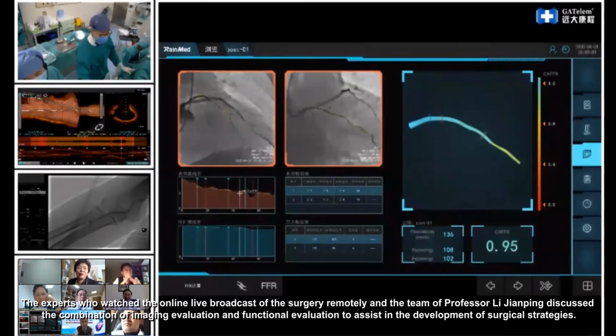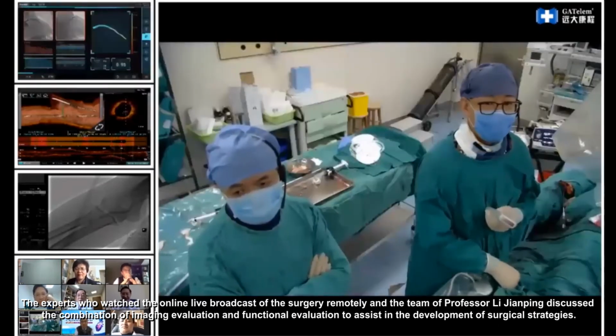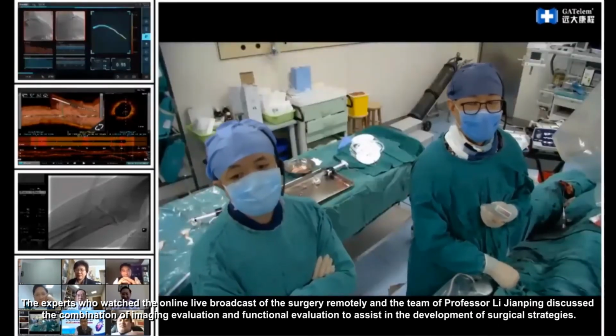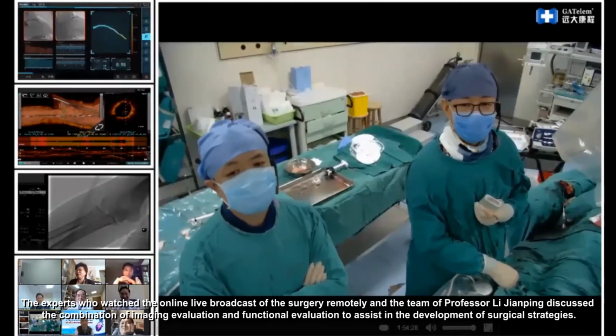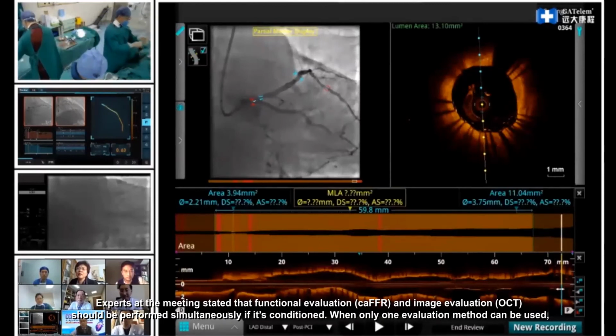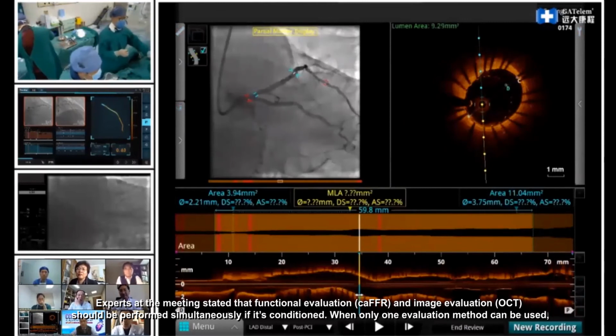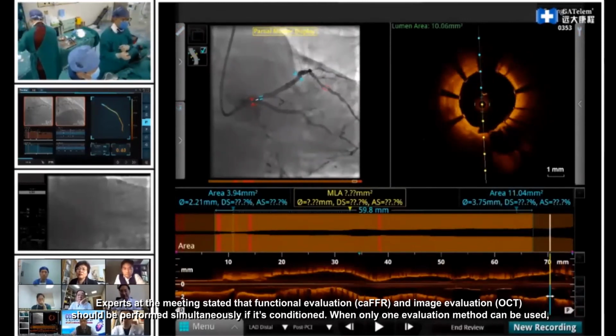The experts who watched the online live broadcast of the surgery remotely and the team of Professor Li Jianping discussed the combination of imaging evaluation and functional evaluation to assist in the development of surgical strategies. Experts at the meeting stated that functional evaluation (caFFR) and image evaluation (OCT) should be performed simultaneously if conditions allow.